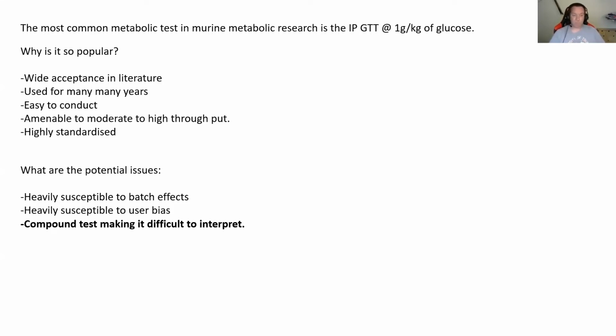It's also a compound test where many different factors such as beta cell function, liver insulin sensitivity, and muscle insulin sensitivity can all potentially feed into your readout, which will be glucose, or potentially glucose and insulin levels in the blood of the animal at different times. So it's quite difficult to interpret from that point of view.